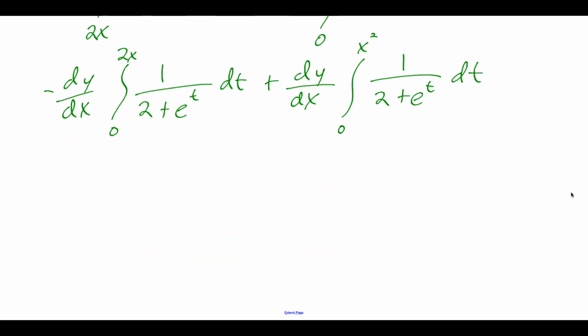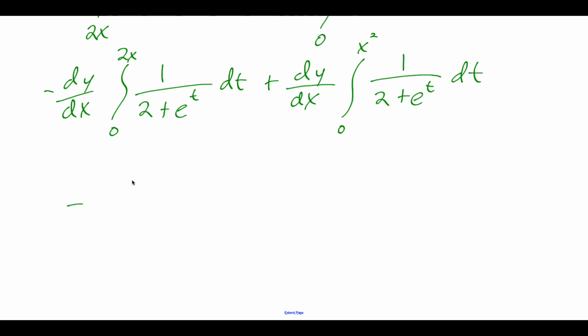Now notice on those upper limits, we don't just have regular x's in there. So as we do the derivative of this integral, we're going to have to remember to do our chain rule, attach the derivative of that upper limit value. So in this first part, the derivative and the integral are going to cancel each other out.